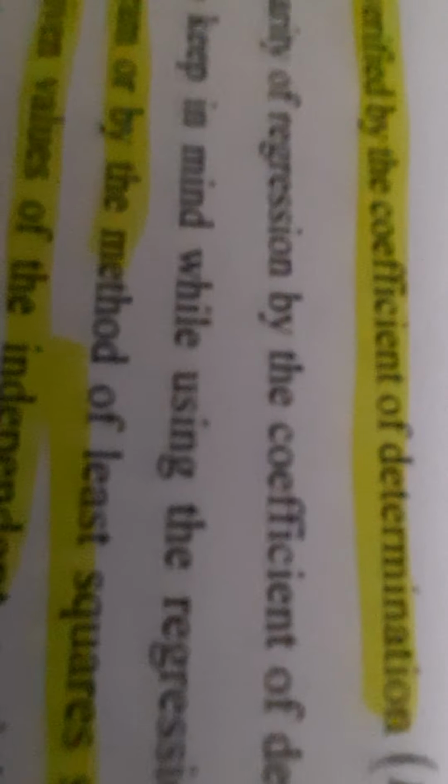So we should use the estimate only after ascertaining the linearity of regression by the coefficient of determination. So you first find out the coefficient of determination, and only then we should use the estimate.